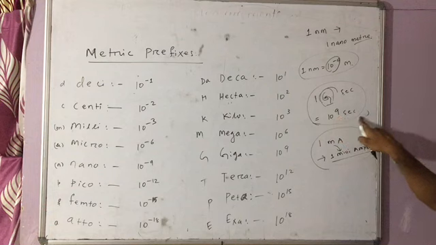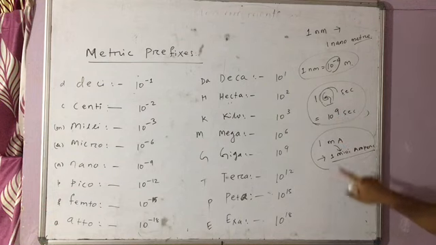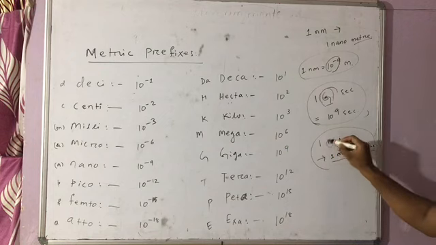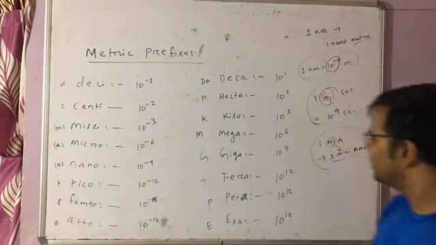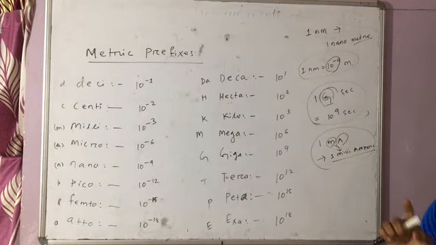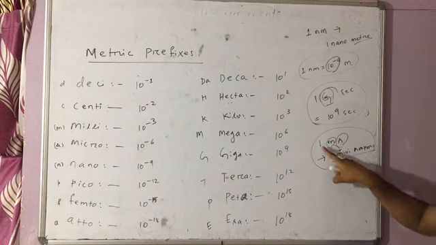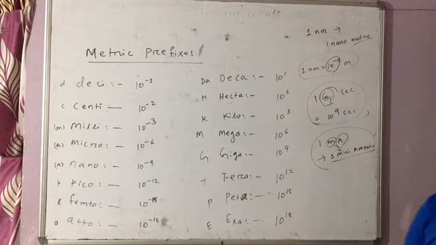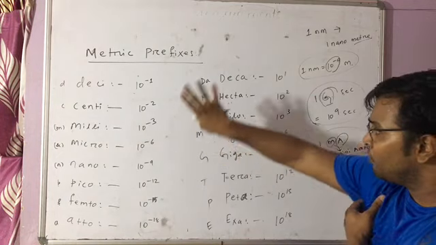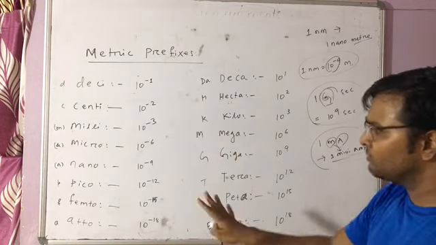So 10 to the power 9 seconds. Or somewhere you will find, let's say, 1 mA. Small m stands for milli, and A is the unit of electric current, ampere. So its value is 1 milliampere. In this way you are going to use these metric prefixes. It is most important that you remember these metric prefixes.